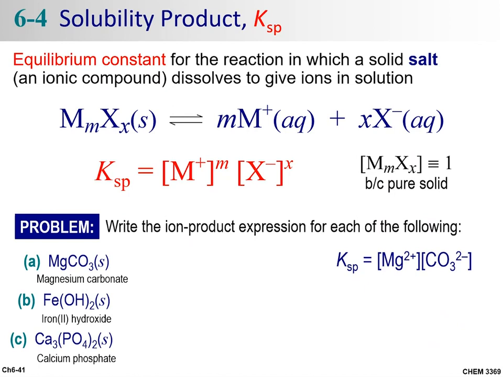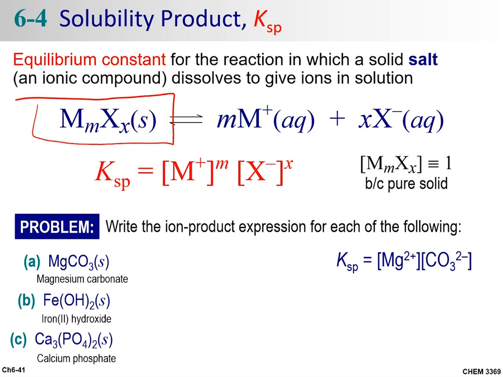So if you have the formula of the salt, we have the cation M and we have m moles or atoms of the cation in the formula, and X is the anion, right? And small x is the number of moles in the formula.